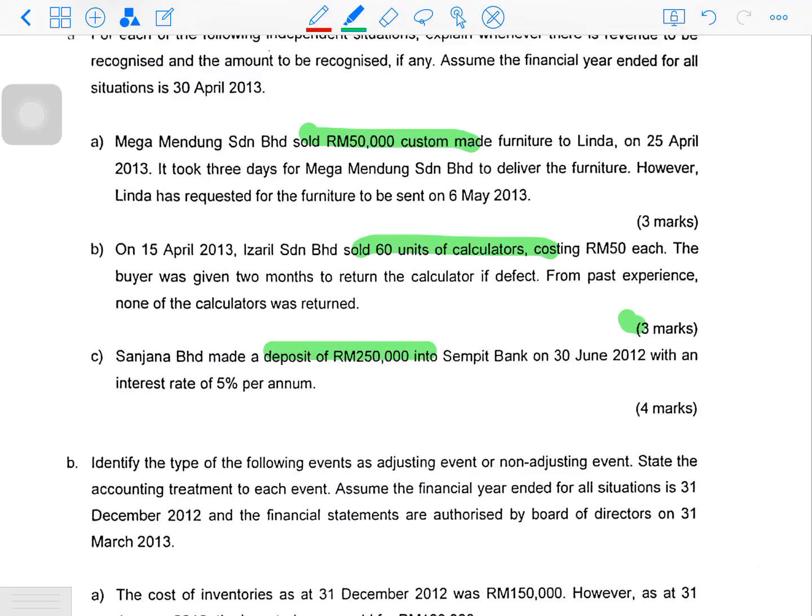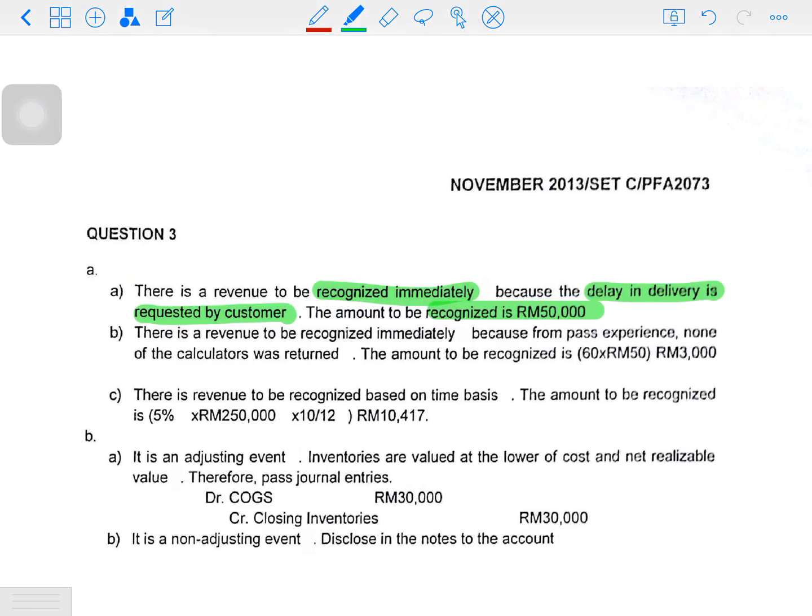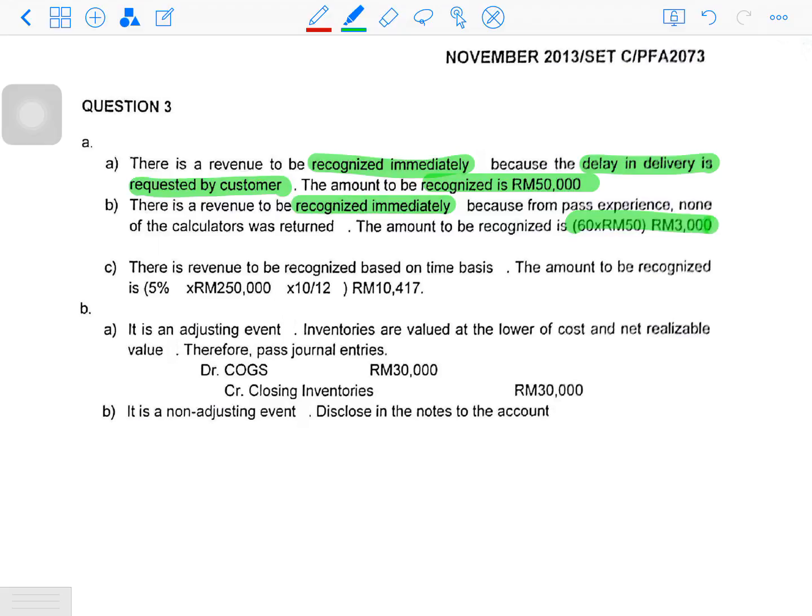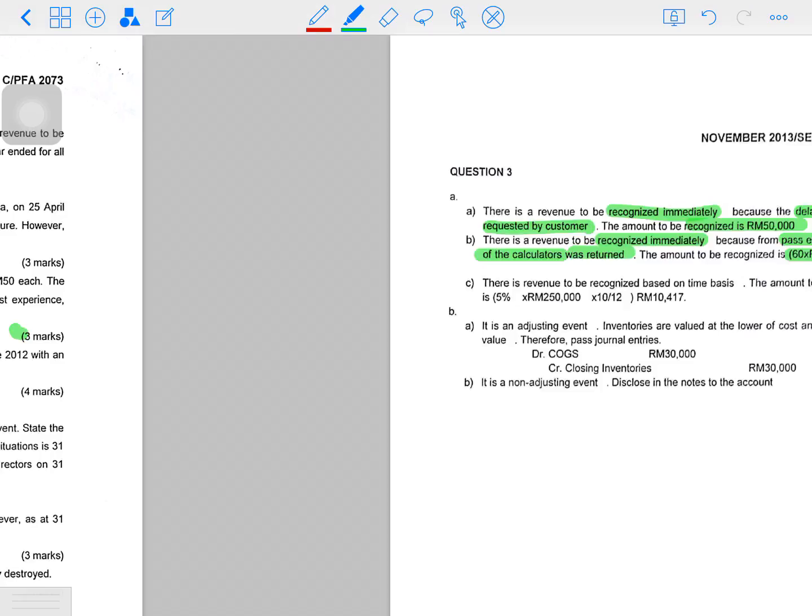Can recognize immediately. And how much? 60 units times 50 cent, kan? So you can recognize immediately. The amount is 3,000 lah. Because past experience, none of the calculators was returned. Ya, ambil balik. Okay.